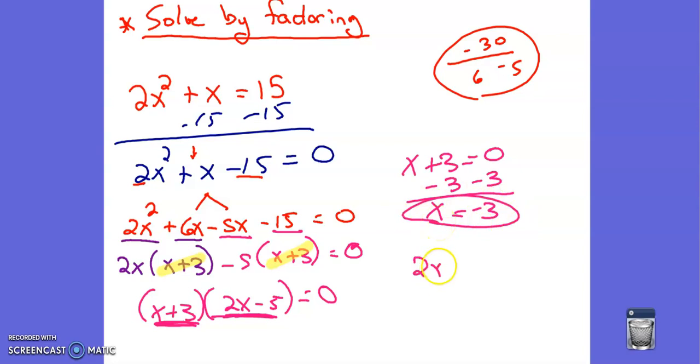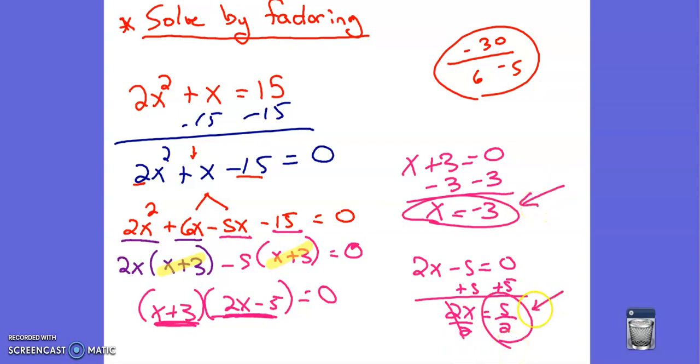And then 2x minus 5 equals 0. So x equals 5/2. And again, these are my two zeros that will make that equation, if you check them, equal to 15.